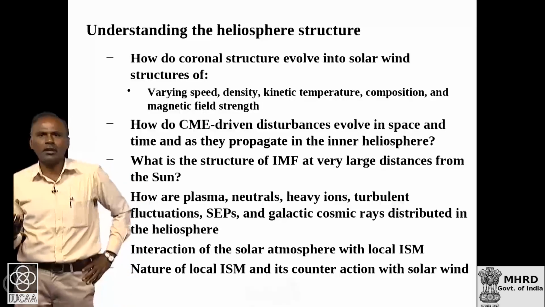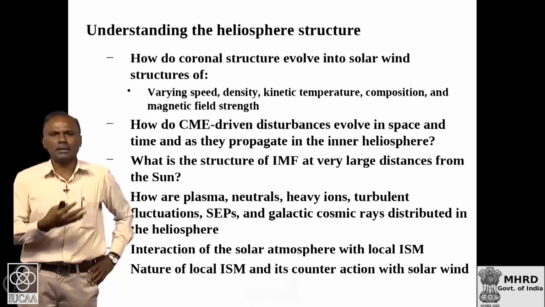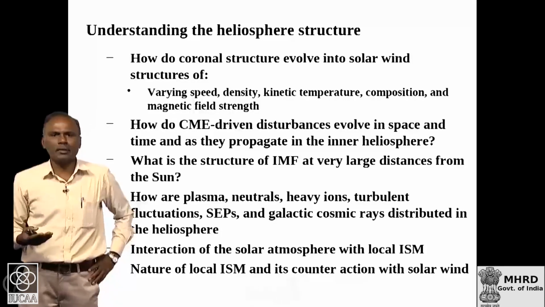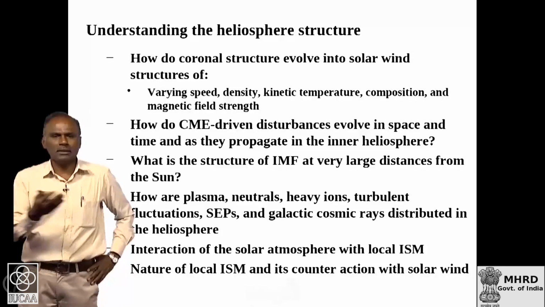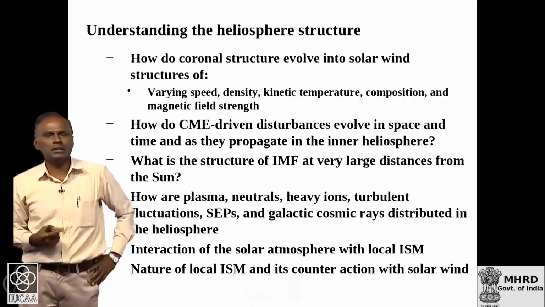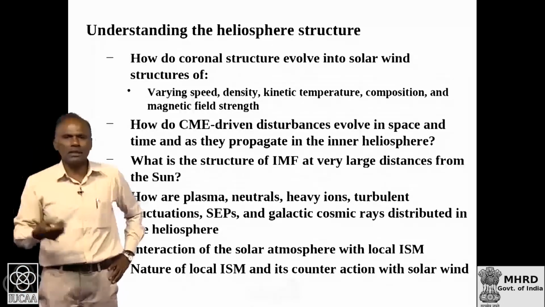What is the structure of the IMF at very large distances from the sun? We saw the curving of the IMF and the decreasing of the IMF as we go from sun to earth, but what is the structure of the IMF at a very large distance from the sun? That is another one.